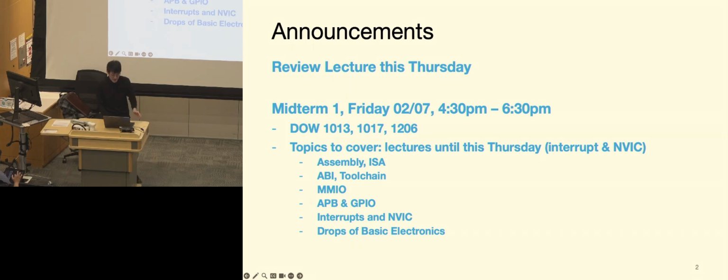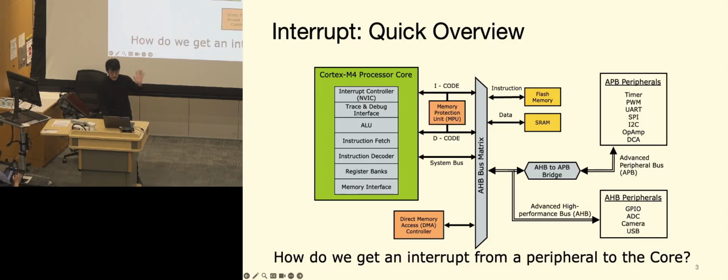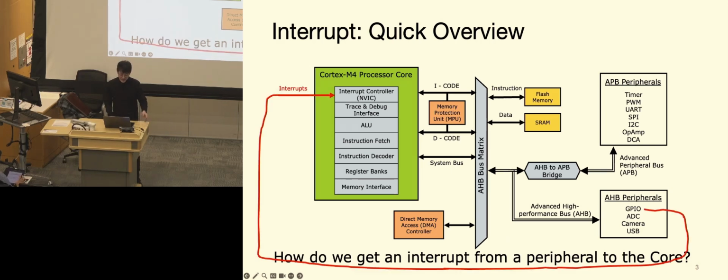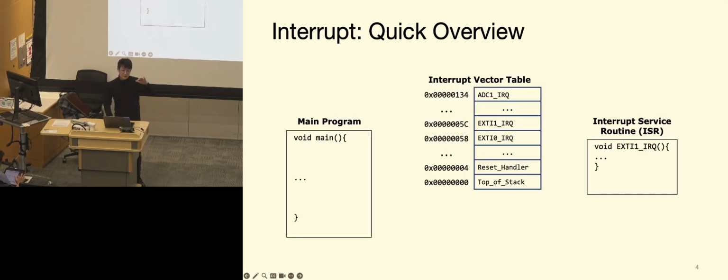Cool. Before going into the timer, a quick review from the previous interrupts because they overlap a little bit. Basically, we have the peripherals that are hardwired to the core, each assigned a number that triggers the interrupts. Here is a quick flow of how it works. We have the main program doing its own thing, and all of a sudden something happens.